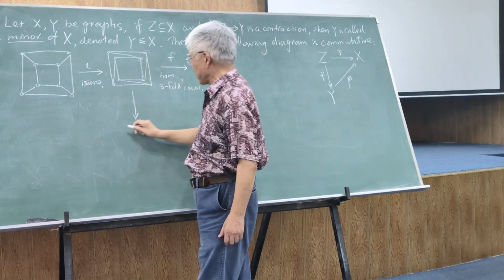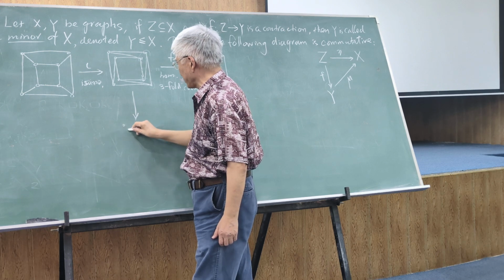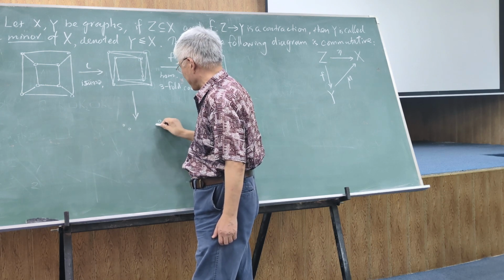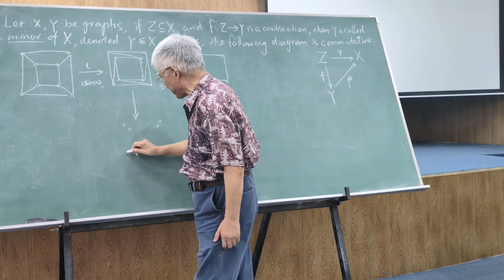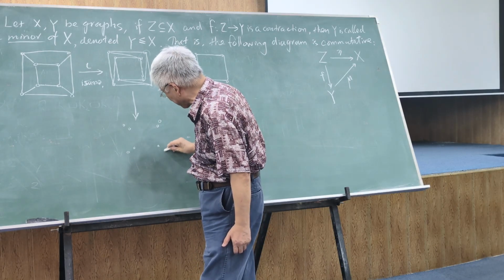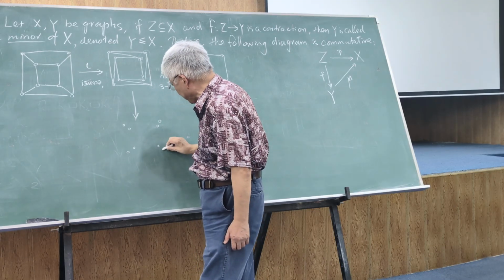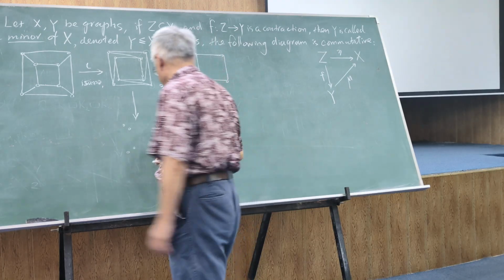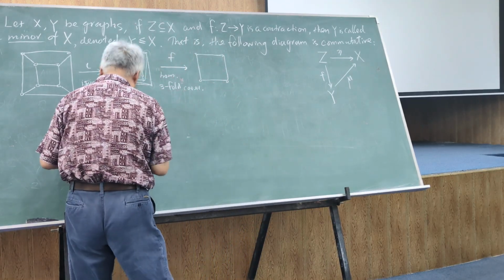We still draw these vertices nearby. We still put the vertices nearby. I have to be careful. I have nice drawings of this in the computer, but this is not in the slides now. Let me be careful.